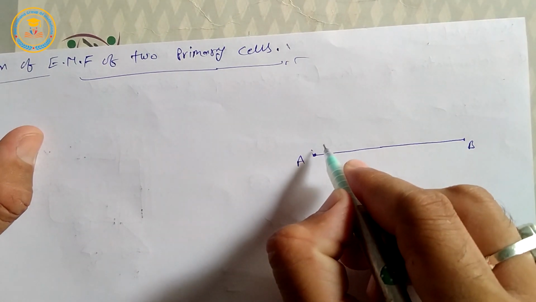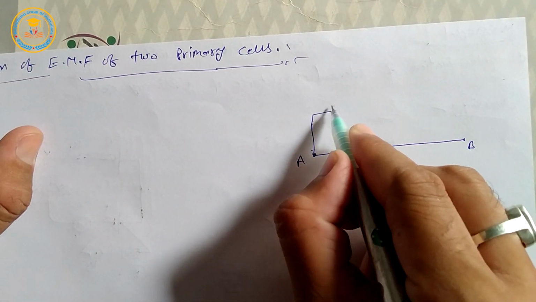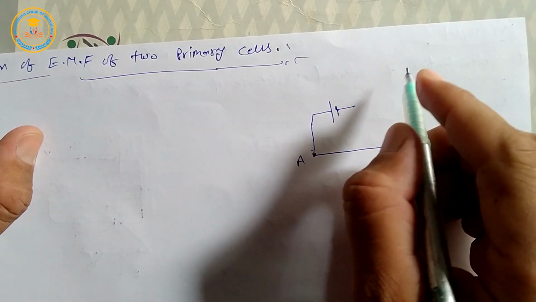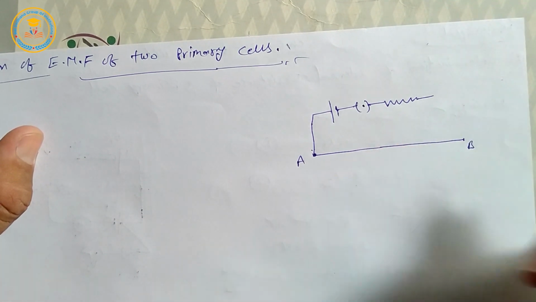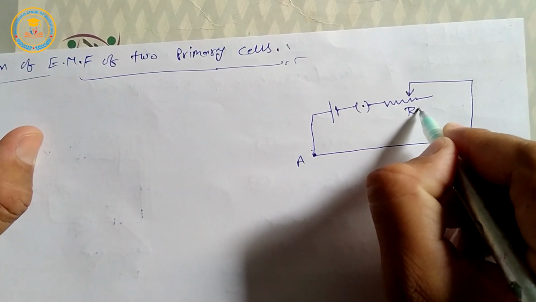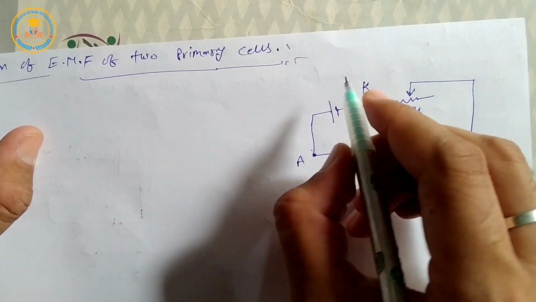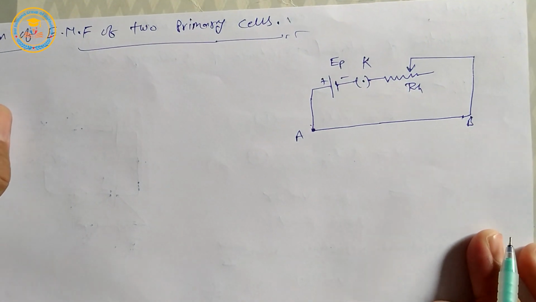This is connected in the primary circuit with a cell, a key and a rheostat RH in series like this. This is RH, this is K, and positive and negative of this cell EP, the EMF of this cell.